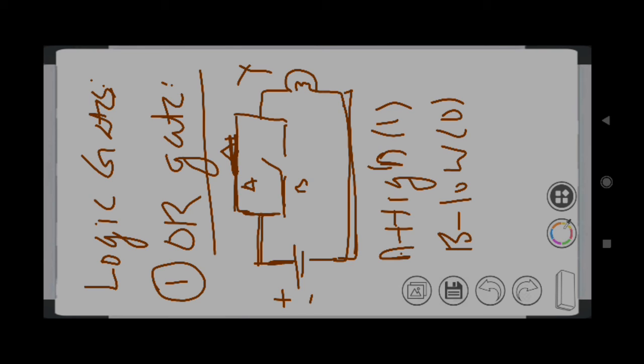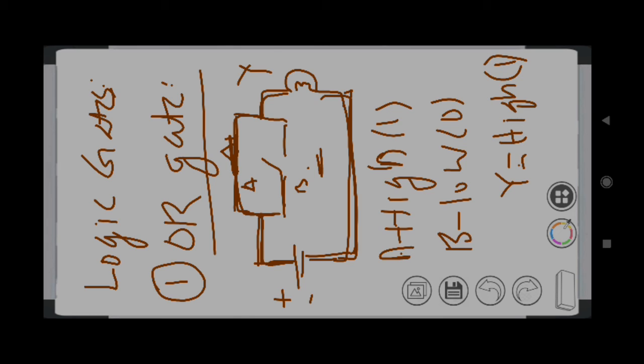So what is your output Y? Is it low or high? See, even though this part is open, you can find the closed circuit connecting the bulb. So the current is passing through the bulb and the bulb is glowing, so you are getting the high output.